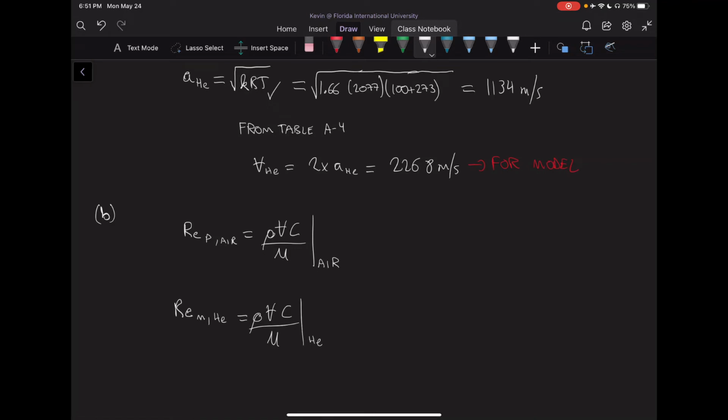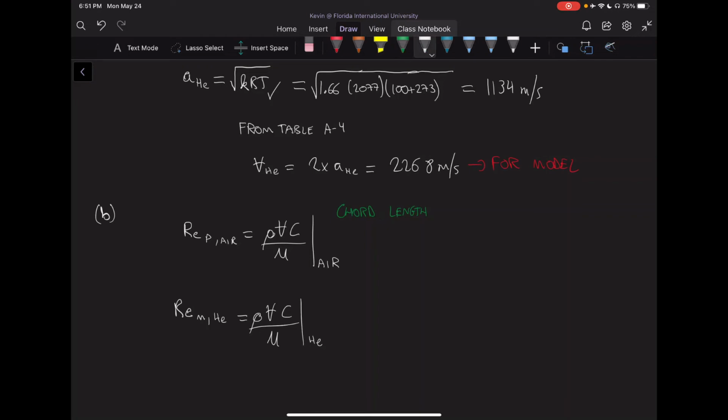And what is our value for C? Well, C is actually a length, and this length is called C because for a wing, we usually use the chord length as our comparison length.